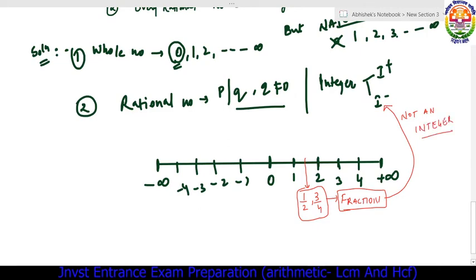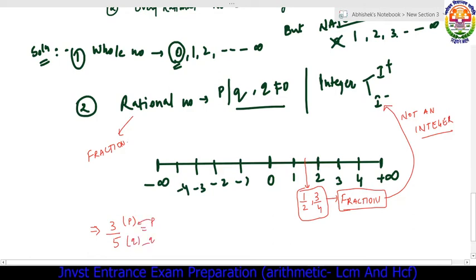A fraction is not an integer, but a rational number is written in the form of a fraction. So if I write 3 by 5, it is a rational number because p represents 3 and q represents 5.